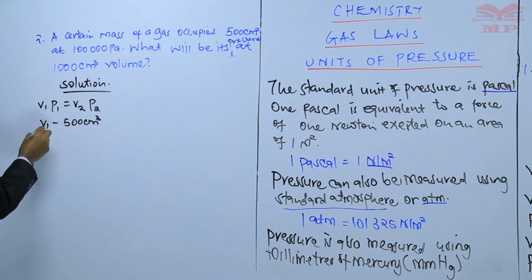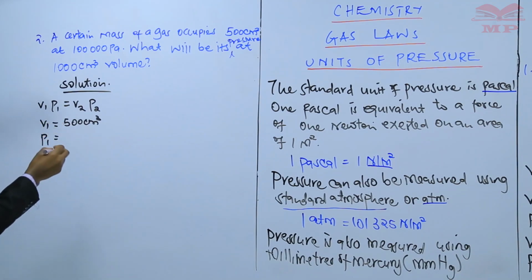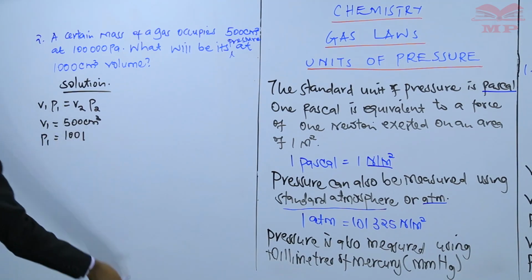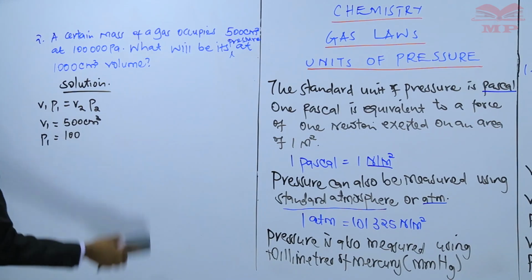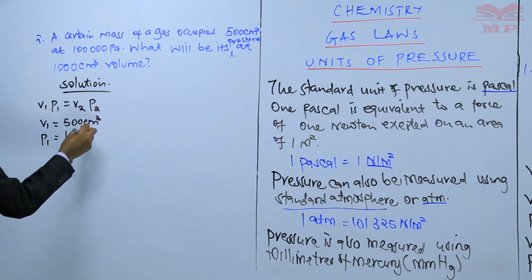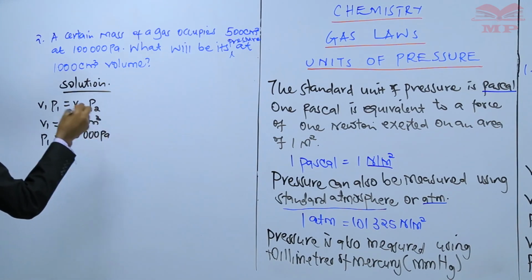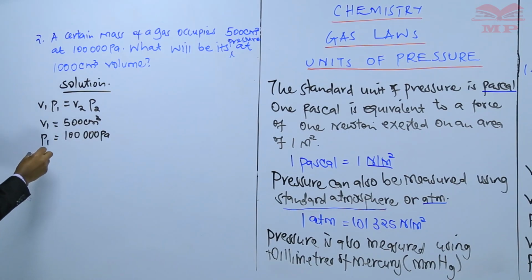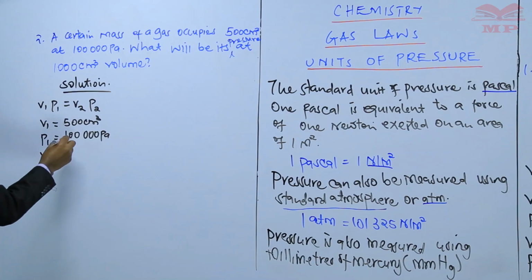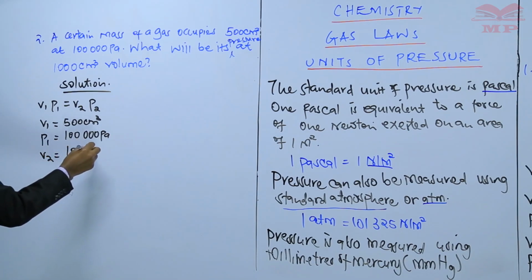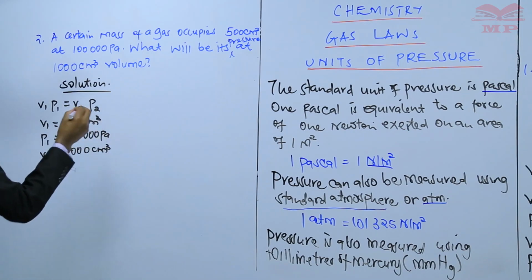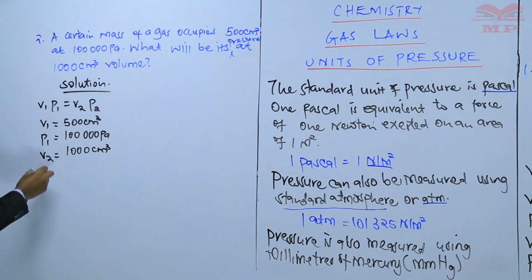P1 is 100,000 pascals. V2 is 1,000. P2 we don't have, and that is what we are looking for.